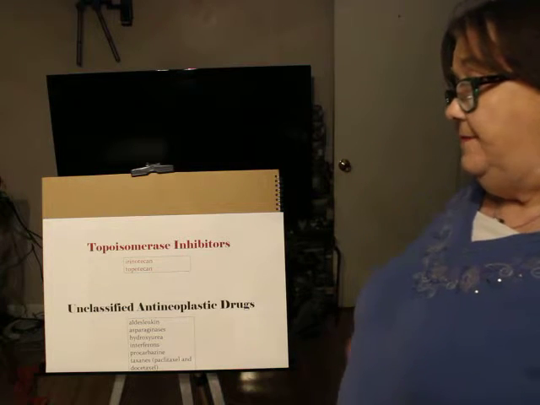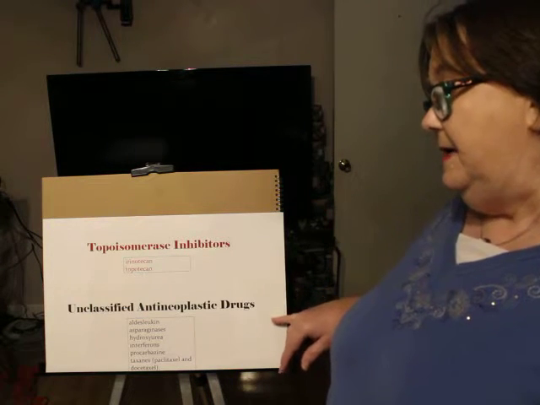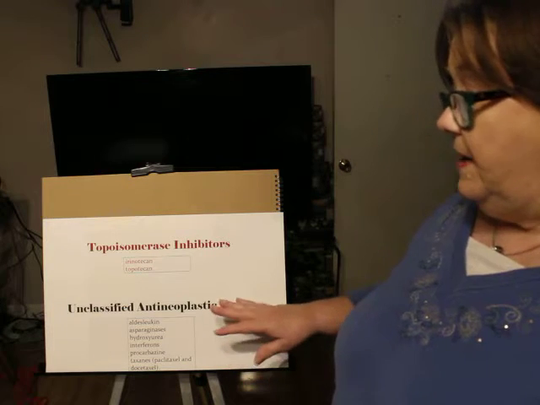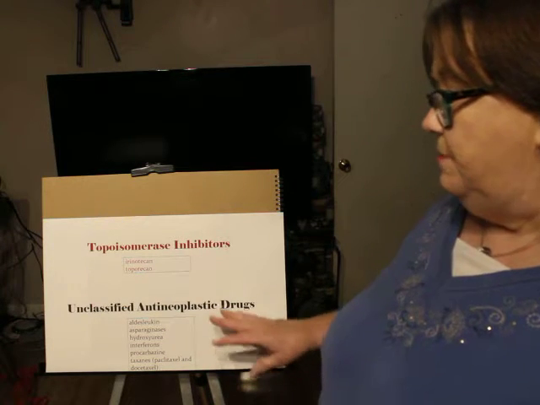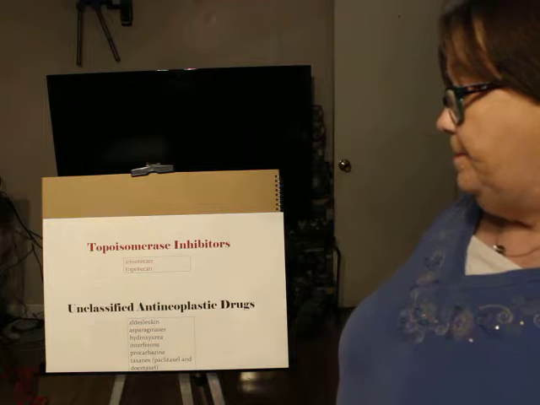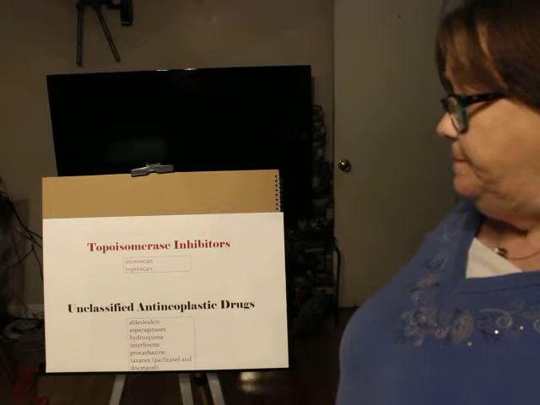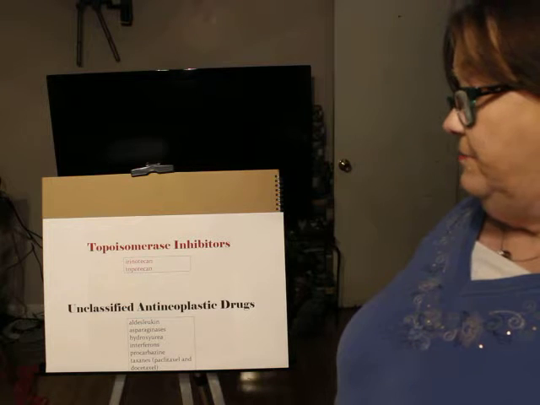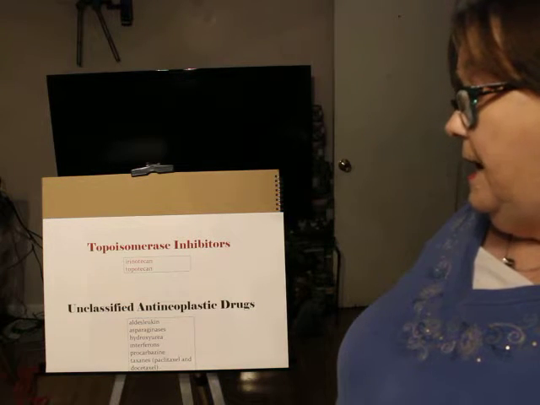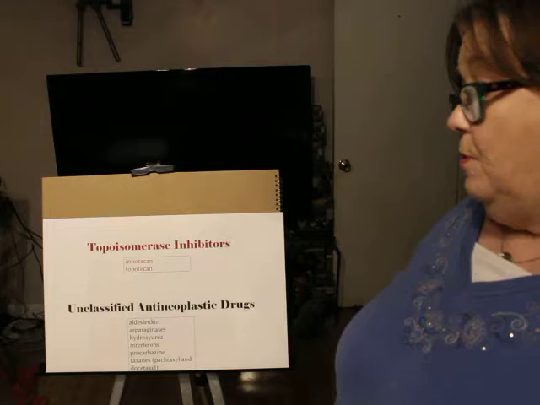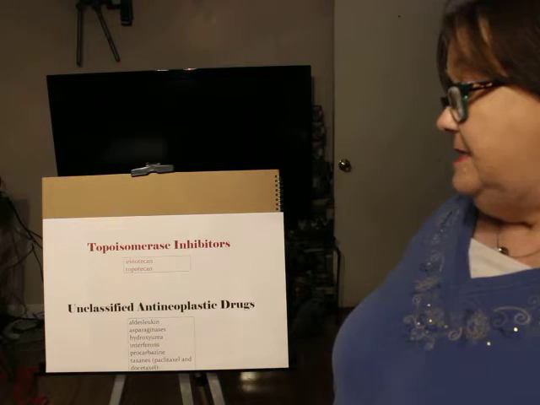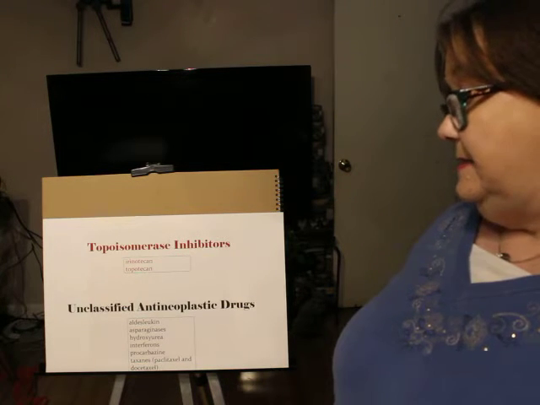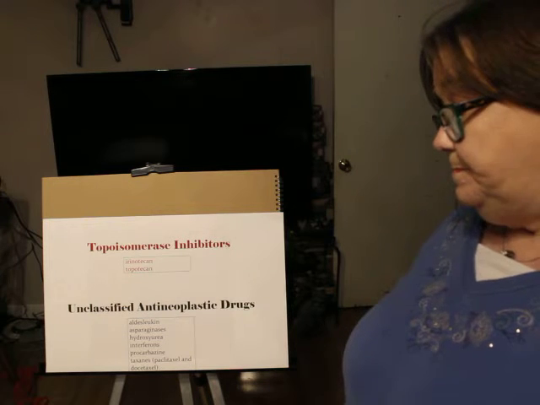Now these unclassified antineoplastics include some of our natural ones, the ones from plants: aldesleukin, asparaginase, hydroxyurea, interferons, procarbazine, and taxanes, including paclitaxel and docetaxel.